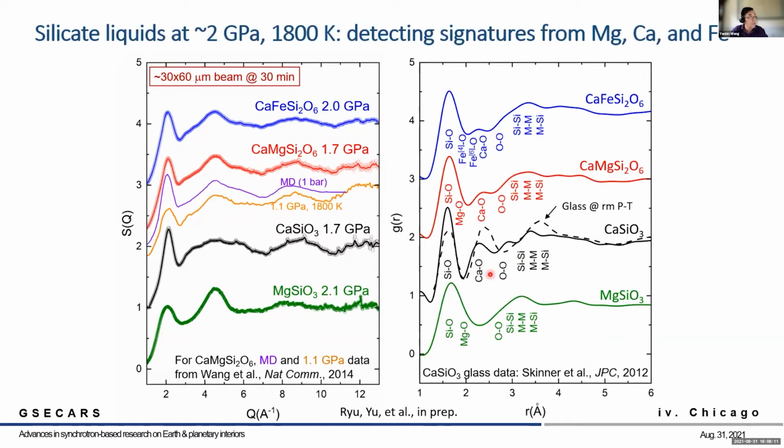With calcium in the system, you can see in the wollastonite liquid, the Si-O peak and the Ca-O peak are well separated. In the other situations, you have this Mg-O or Fe-O peaks under the main peak, on the right-hand side as a slight shoulder. But this main peak can be considered as representing the bond distance between silicon and oxygen.